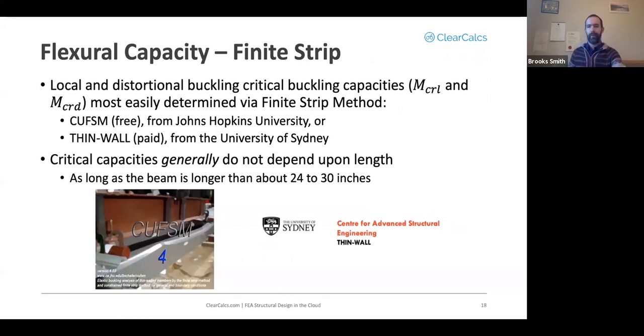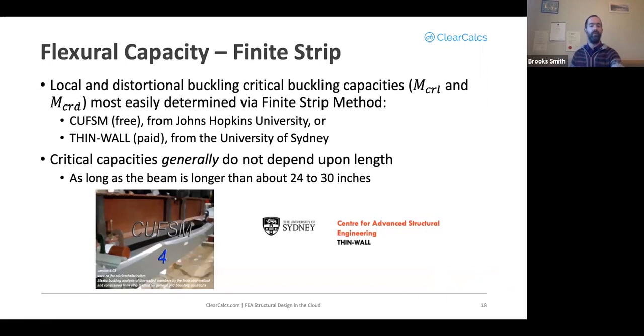So, finite strip analysis. This will be necessary for calculating your local and distortional buckling capacities, the MCRL and MCRD that are equivalent to the MCRE that you used earlier. Most easily, you're going to determine those critical buckling capacities using the finite strip method.